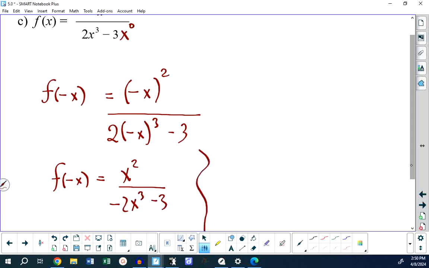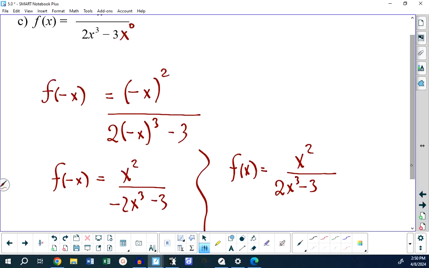The original function is x squared over 2x cubed minus 3. Thank you, Eli. That is not the same as f of -x.